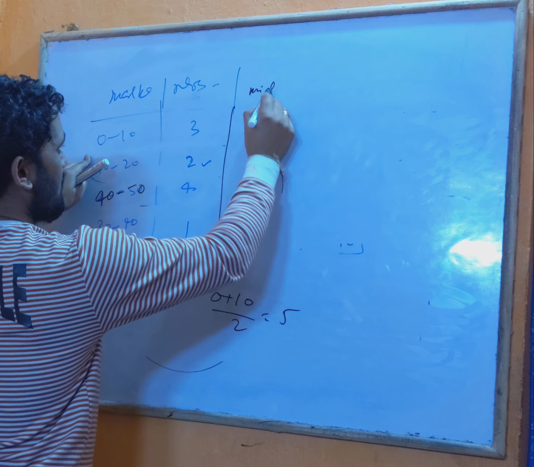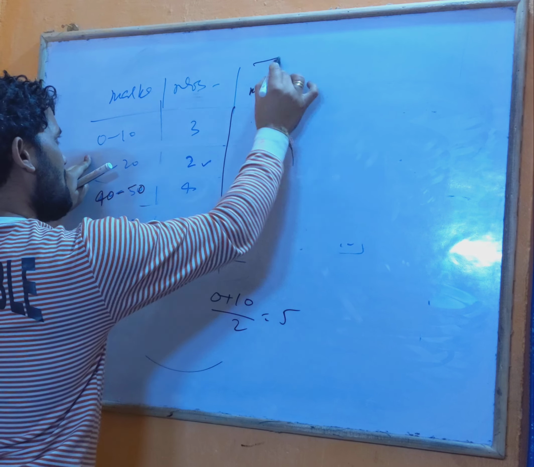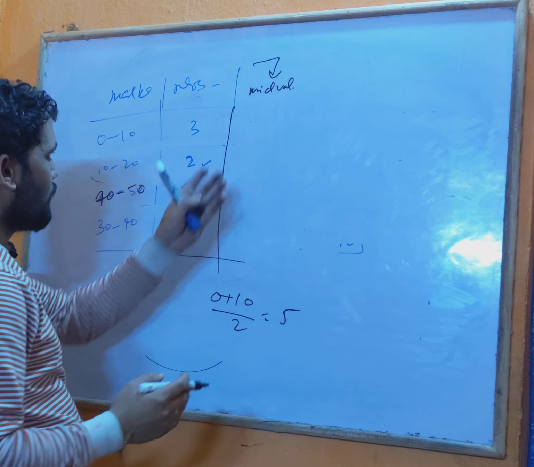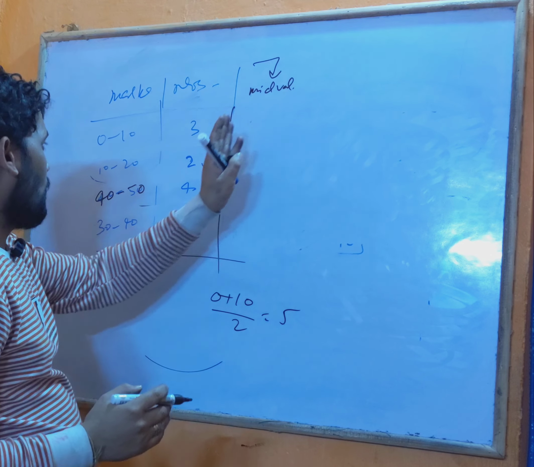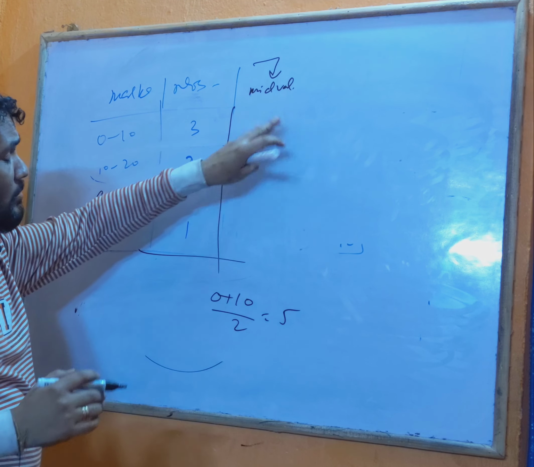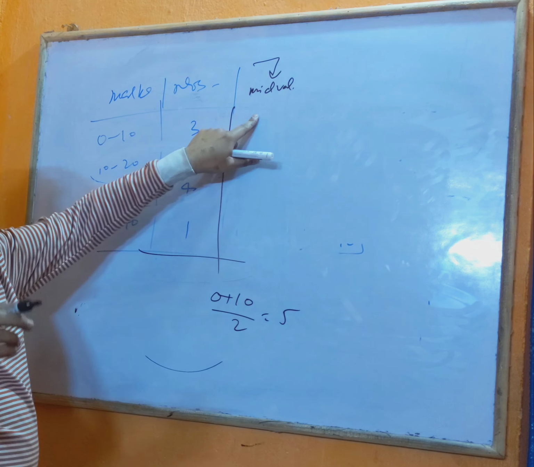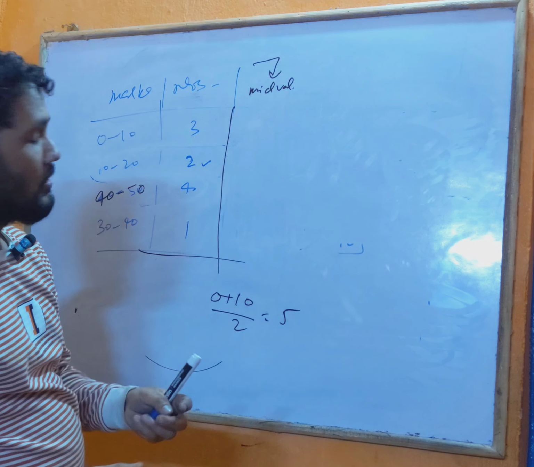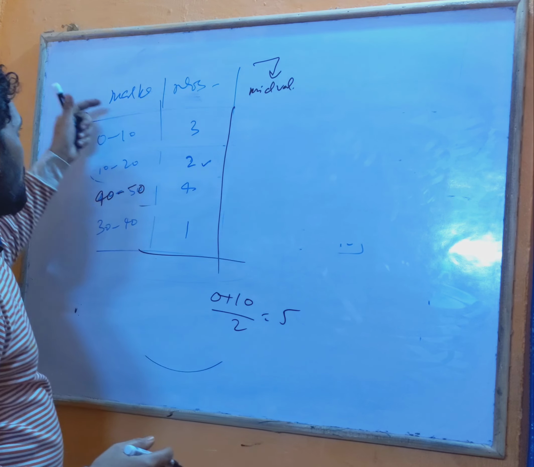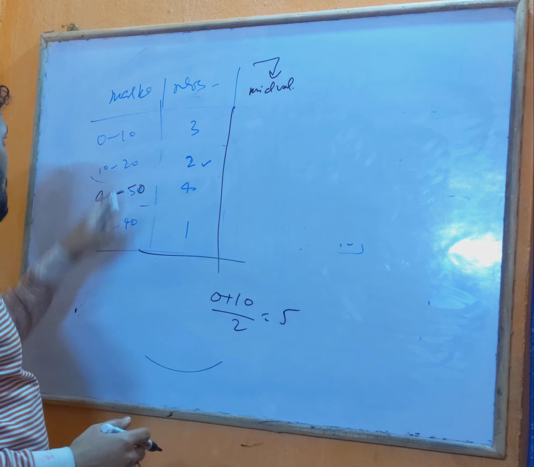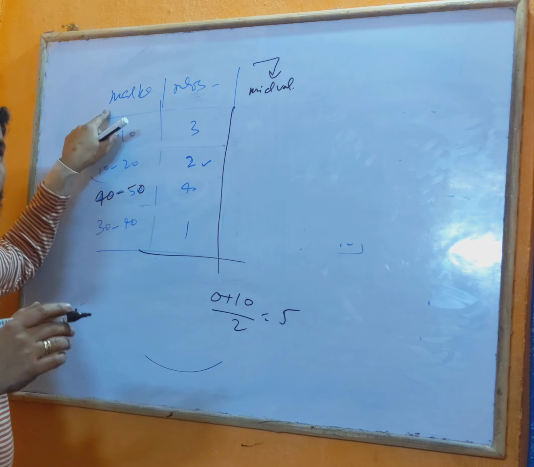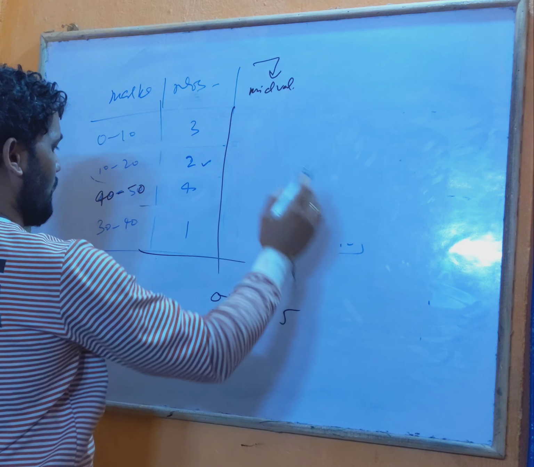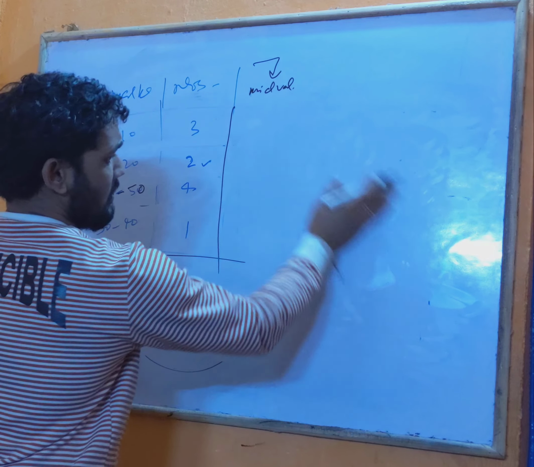This mid value is used as a new observation, and you have to find the mean for the new observation, which is equivalent to the mean for this type of continuous distribution.